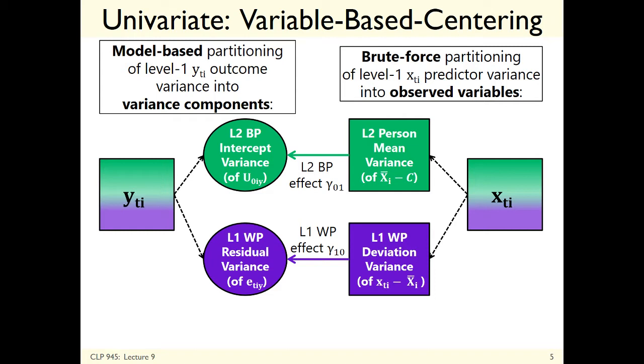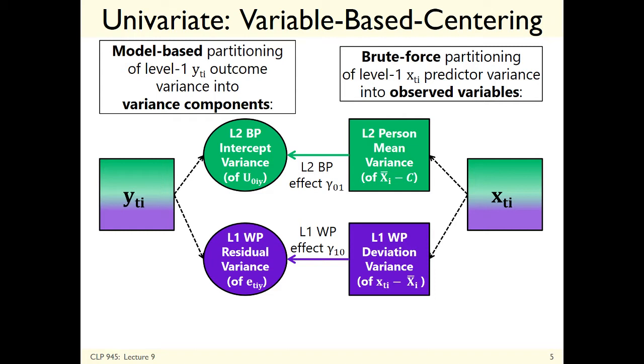So we've taken x and we've built a level 2 box that carries only level 2 person between information, and we've built a level 1 box that carries only level 1 within information. Because that's the only kind of information each has, the only thing it can do is be that kind of effect, within or between.